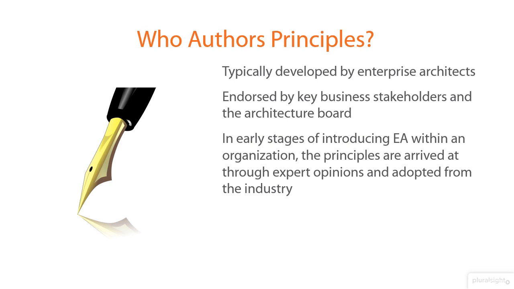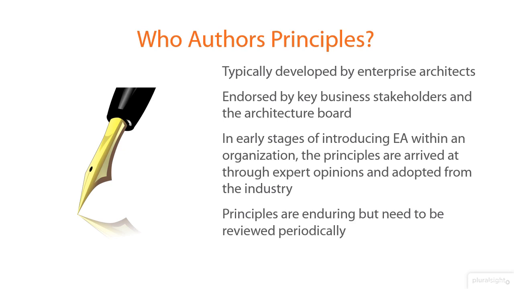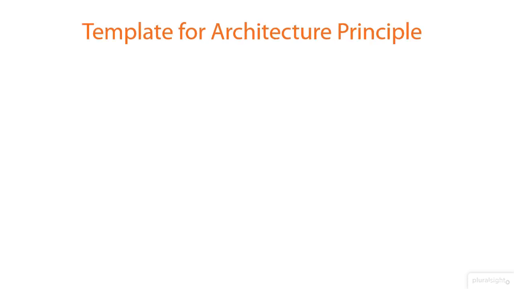Principles are usually enduring. However, they need to be periodically reviewed to keep the enterprise architecture practice relevant to the organization's current context. So, in effect, as the enterprise architecture practice evolves, the principles should evolve based on the collective experience of the organization.